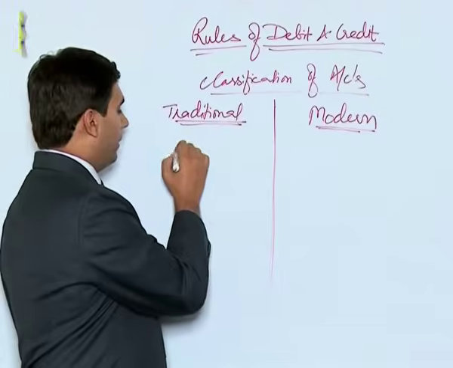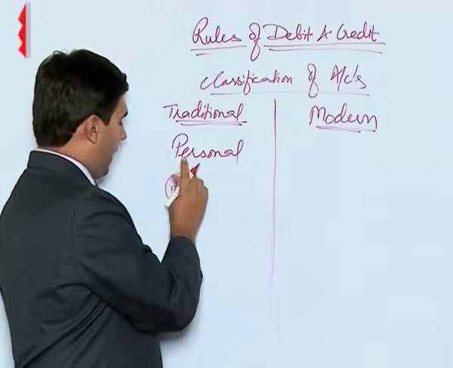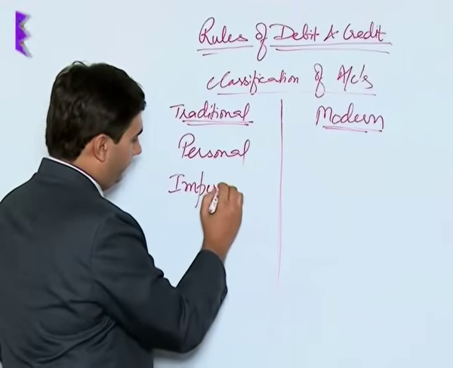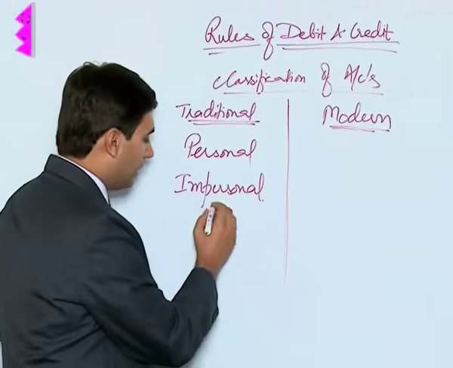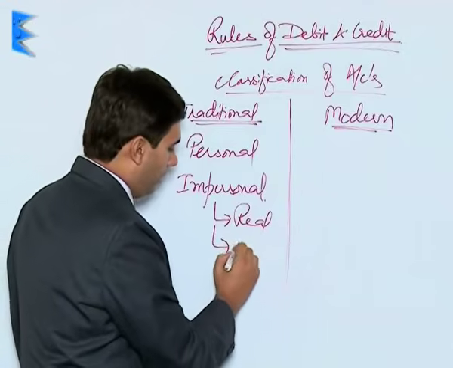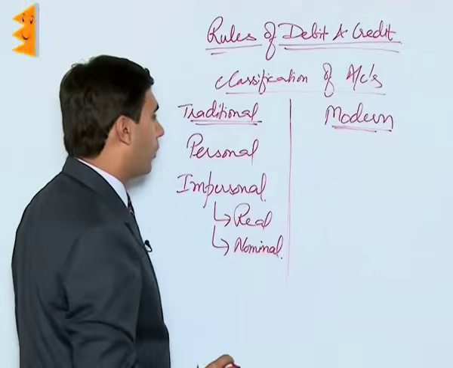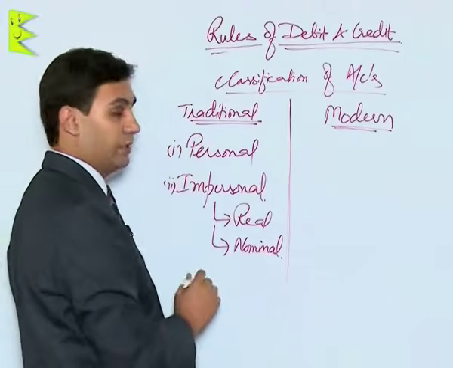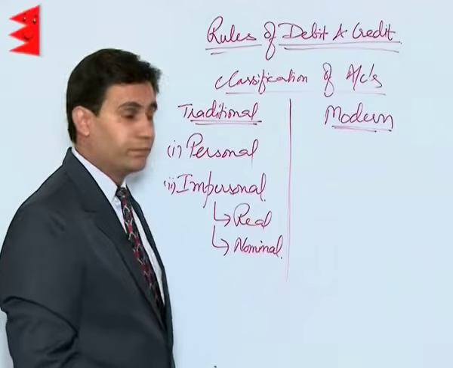The first one being personal and the second one being impersonal. Impersonal accounts are further classified as real and nominal. So broadly, two categories, first personal, second is impersonal. Impersonal are further classified as real and nominal.